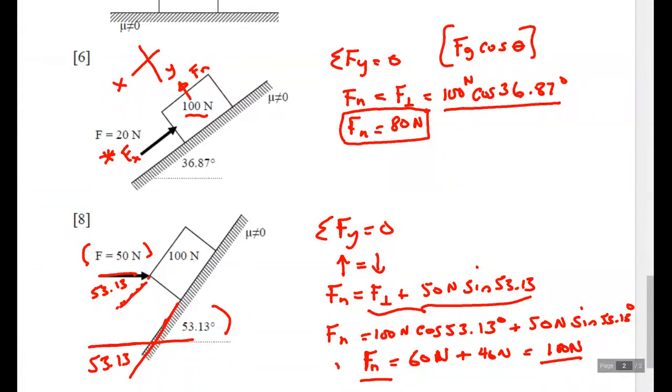Who knows if he or she is being successful? The perpendicular component is 100 cosine 53.13 degrees, the ramp angle, and then the vertical component of the applied force, the force put on this box. When you add them all up, you get 100. And that is the end. I think there's no more of all that I'm going to do here.